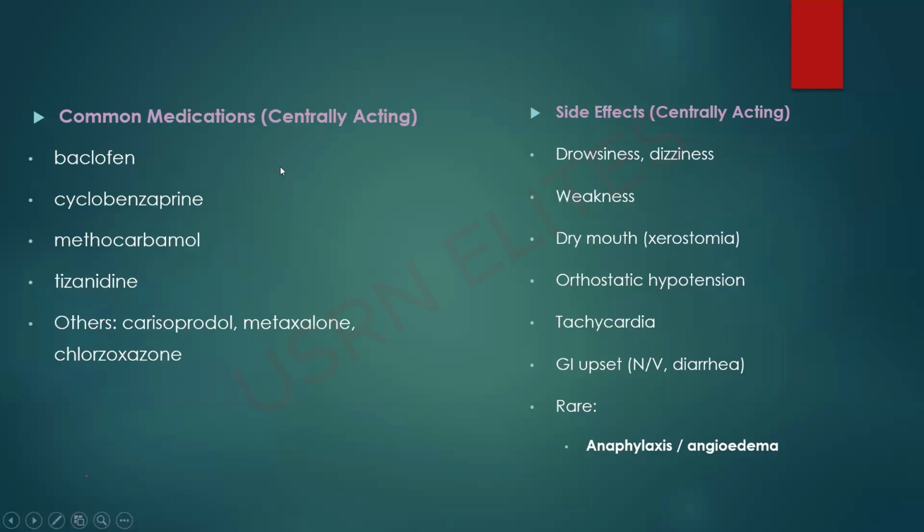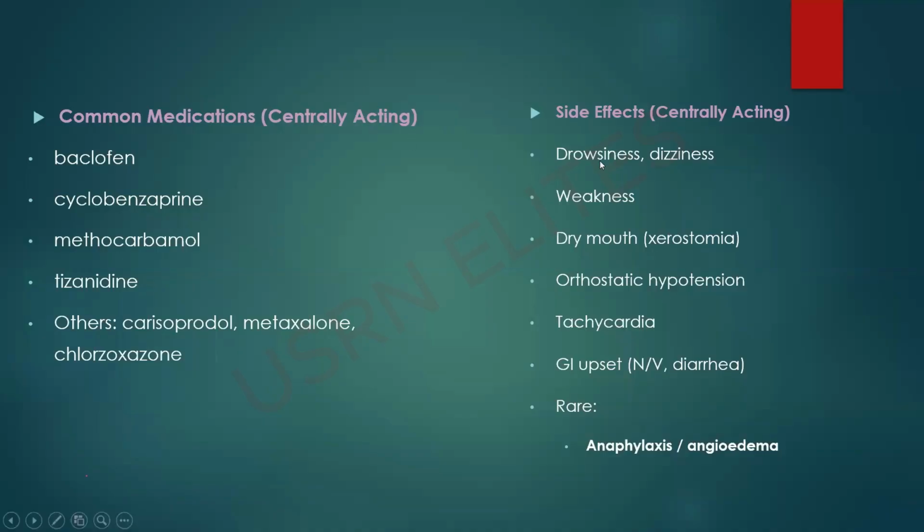Did someone mention cyclobenzaprine? I heard someone mention that, right? So these are some of the medications. All this medication does is slow down your CNS, so that when the CNS is suppressed or slowed down, you will have an effect on the muscles too.